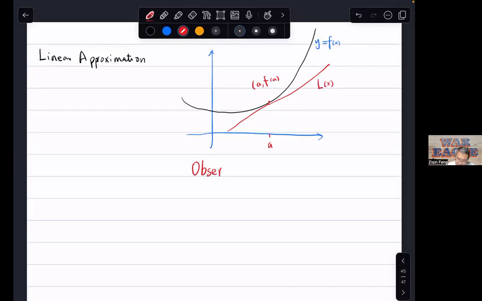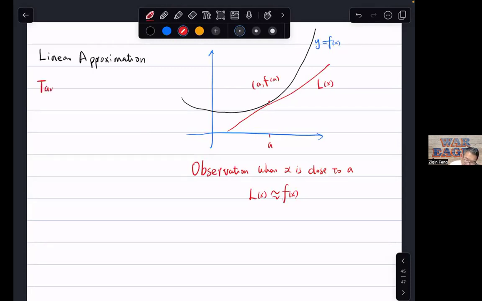The observation is that when x is close to A, then L of x is very close to f of x. Let's try to figure out what our line equation is for the tangent line. That's the idea behind linear approximation.